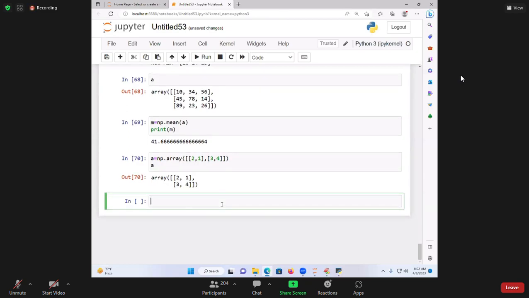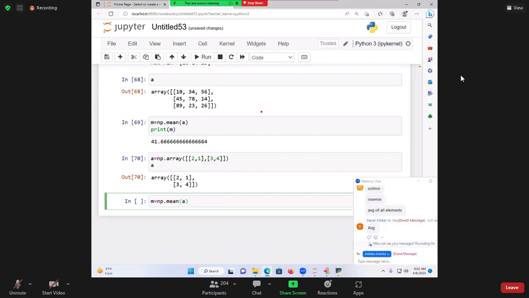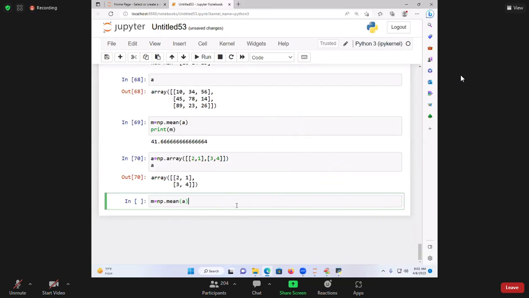Tell me now, M is equal to NP dot mean of A. What is that mean of A now? 2 plus 1 plus 3 plus 4 by 4. 10 by 4. How much? 2.5 is the mean.